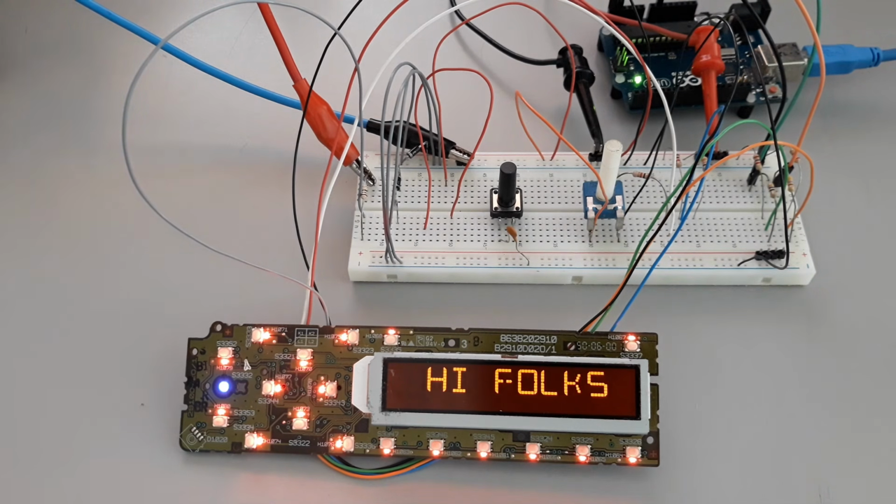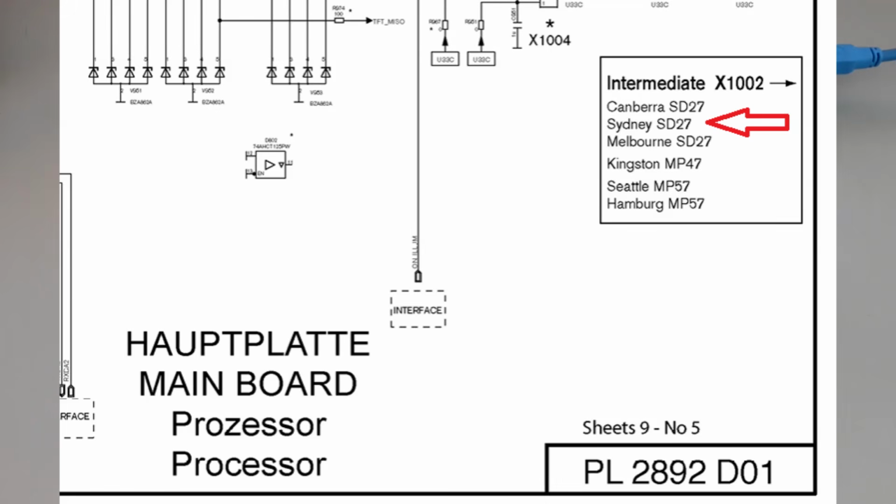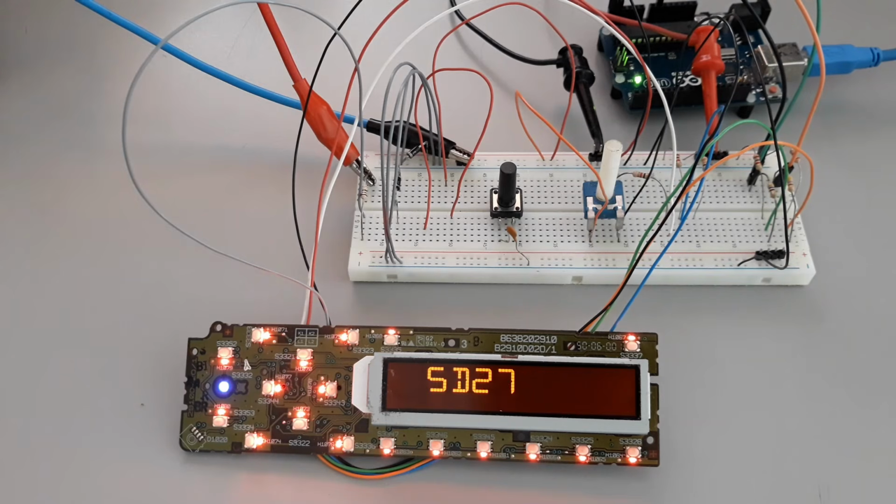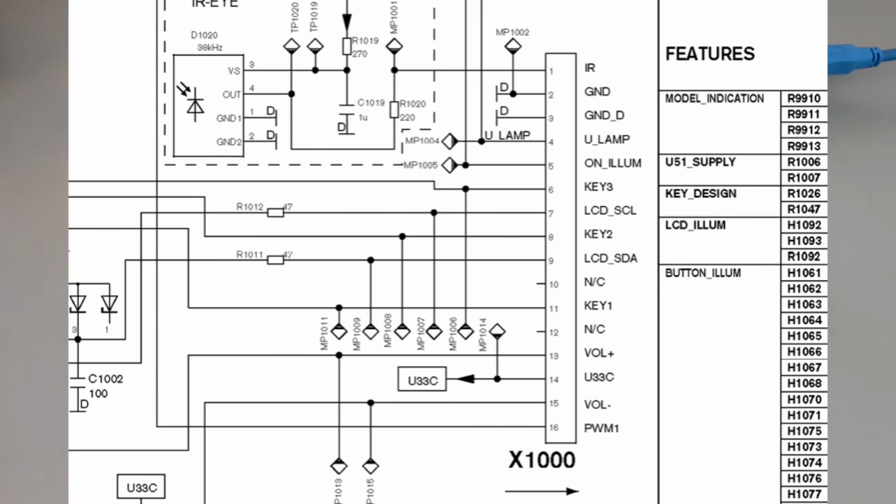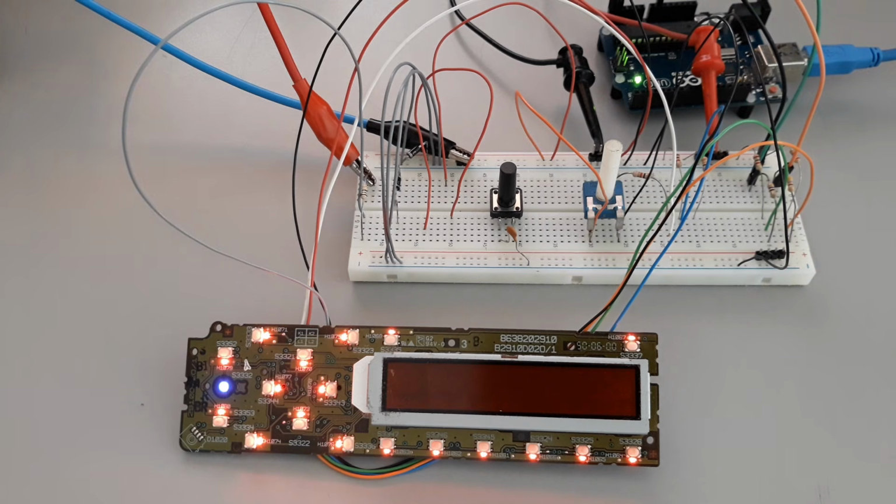Fortunately, the service manual for this panel is available online. This is extremely helpful because it allows us to identify the power pins and the communication pins of the driver without needing to manually trace everything using a multimeter.